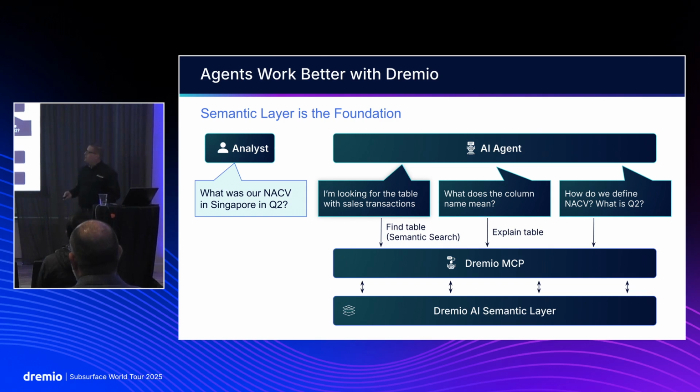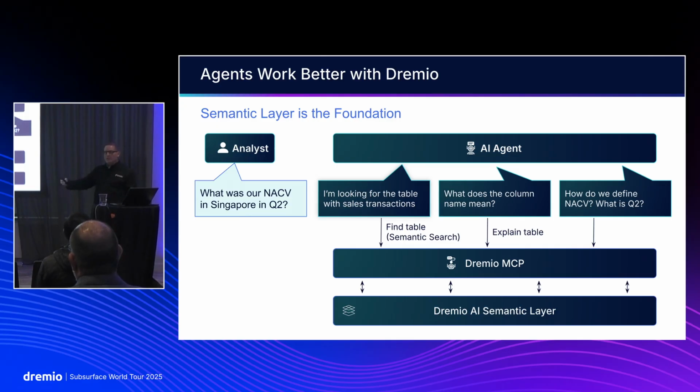They work better because now that AI semantic layer is accessible through, again, if you're using the MCP server pattern, if you have Claude asking questions of the data, it's now going to be able to discover that as part of the semantic layer, just like a human would.